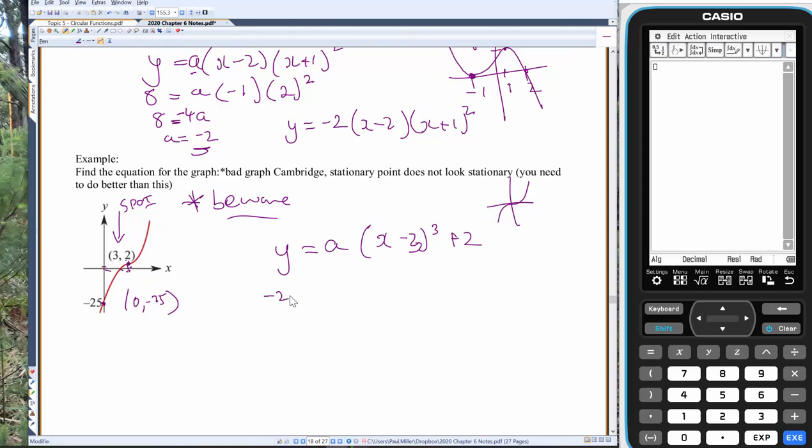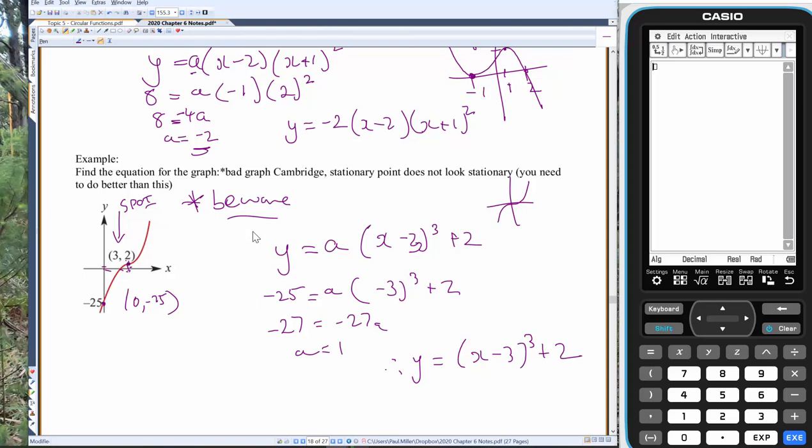So let's put -25 in for y: a times (-3) cubed plus 2. Now we've got -27 equals -27a. a is equal to 1. Therefore, our function is y equals (x take 3) cubed plus 2.